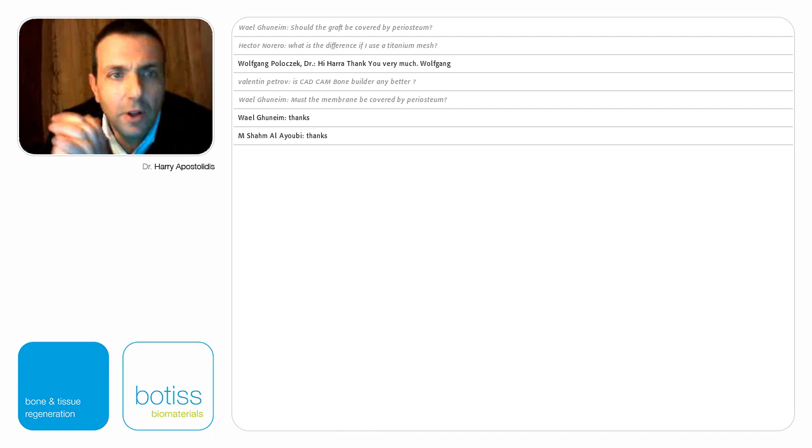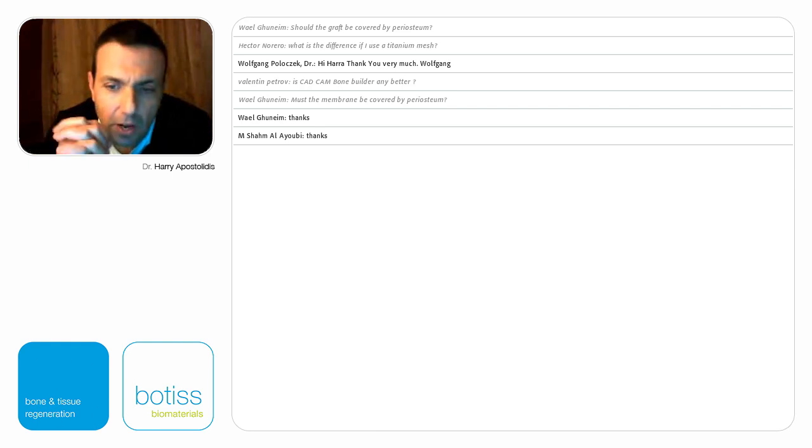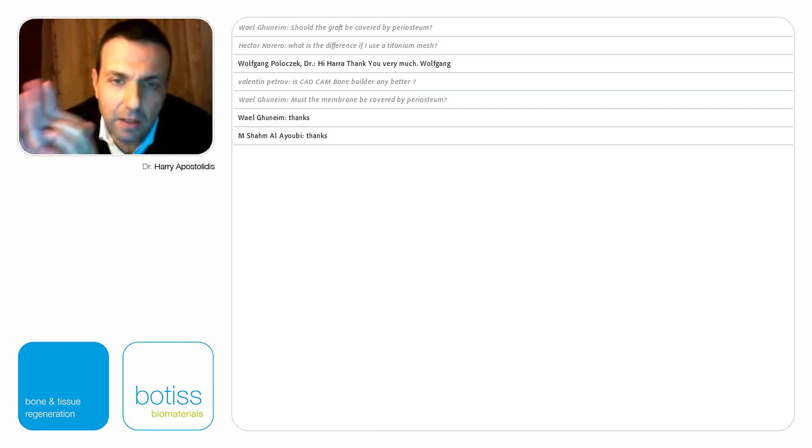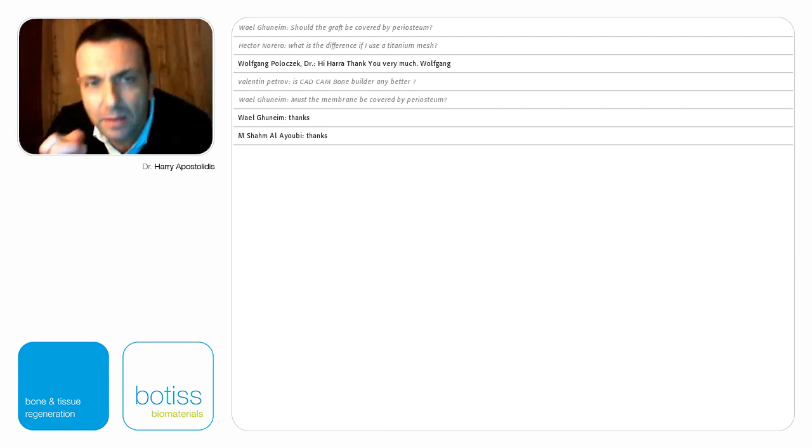Dr. Norero asks, and thank you, what is the difference if I use a titanium mesh? Titanium mesh, you can use it, actually, you can fixate your particulate graft better than a membrane, but it is not tissue friendly. And sometimes flaps tend to open up. And sometimes you may see flaps opening up 2, 3, even 4 months after reconstruction.